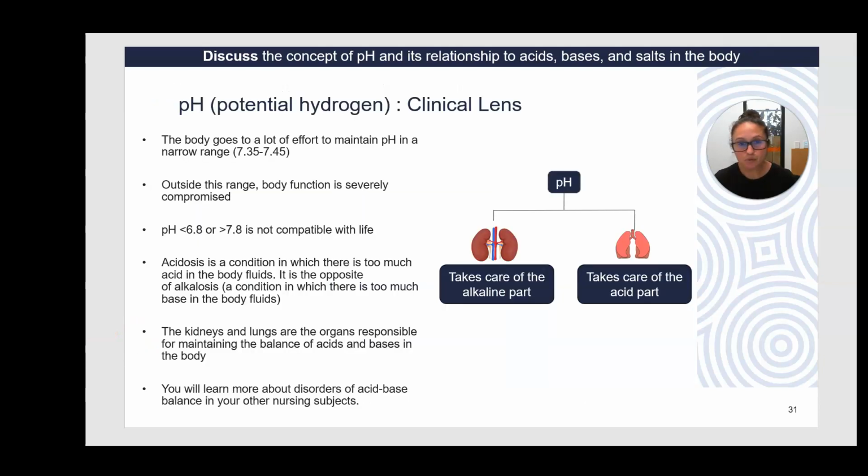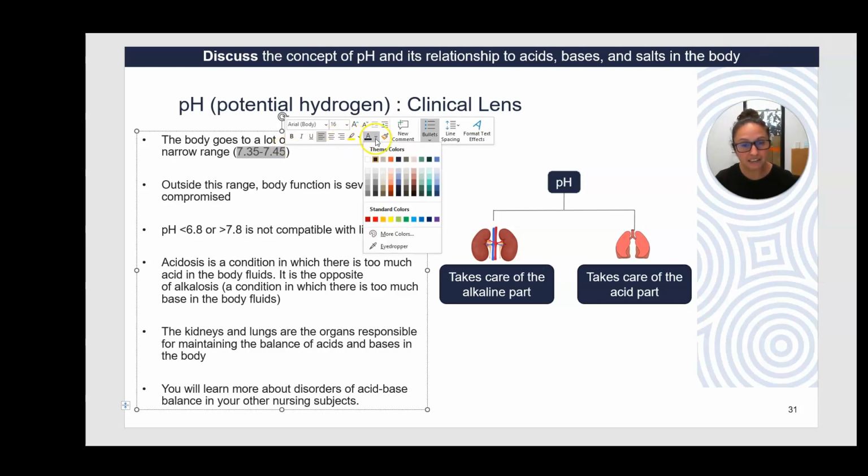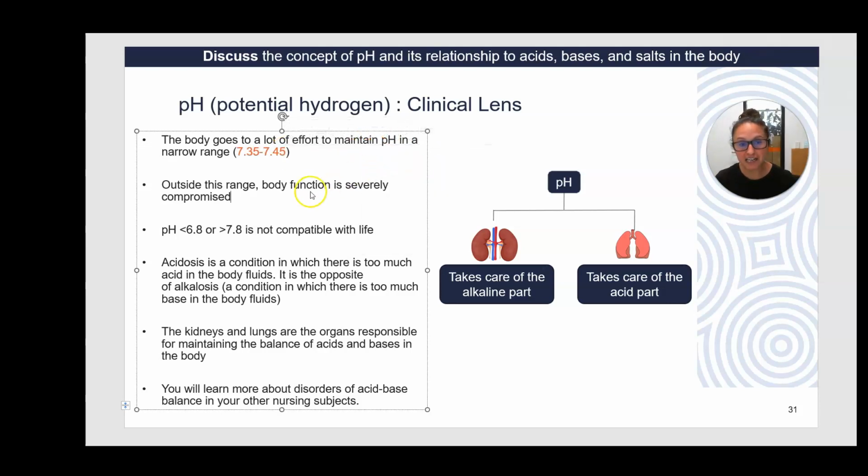So why is this important? Well, our body's pH needs to be very, very well controlled, and it has to be within a very narrow homeostatic range. If we go on either side of those, it's not good. So you will learn about this a little bit more when you get to your other nursing subjects.